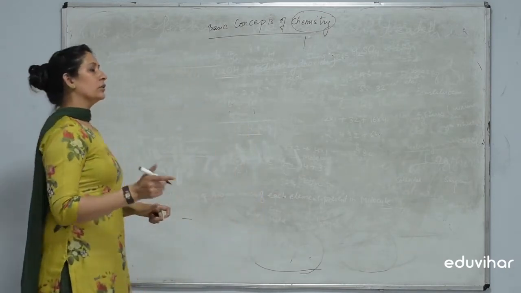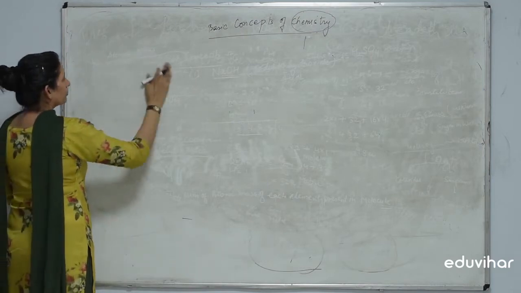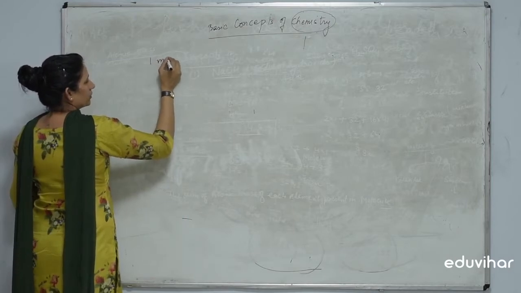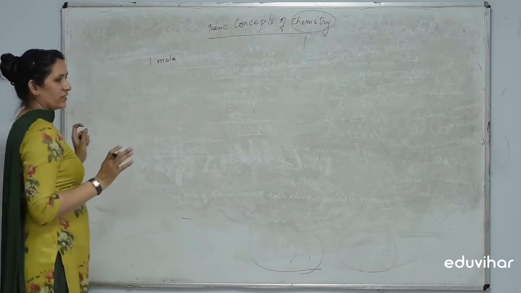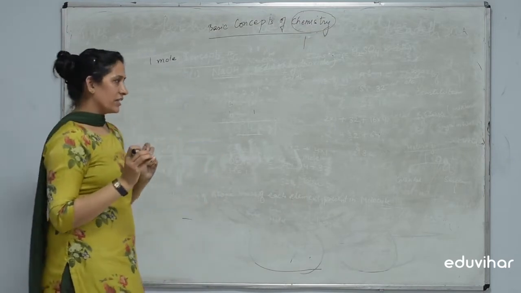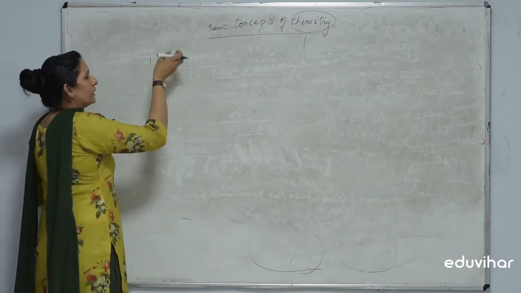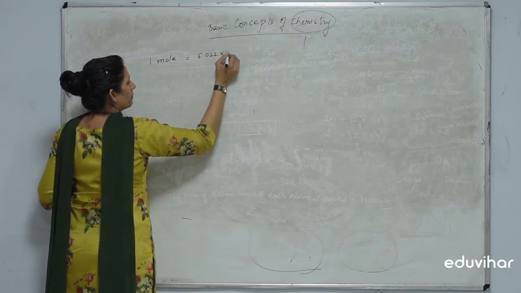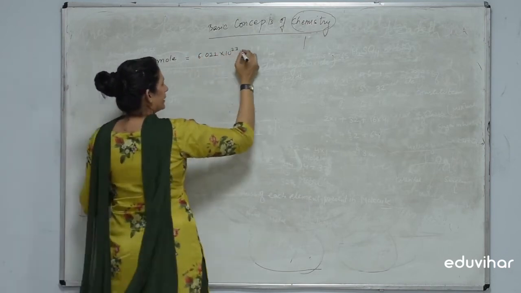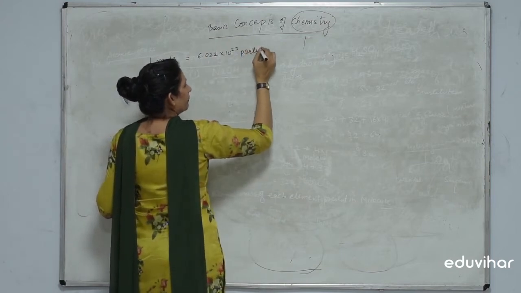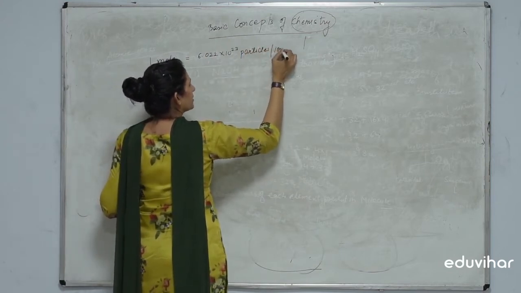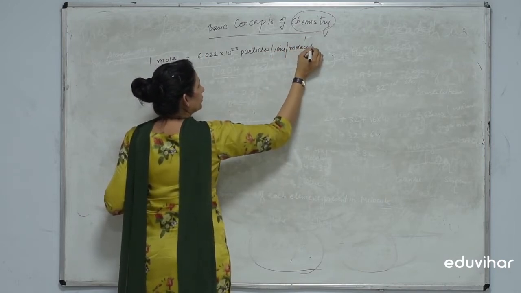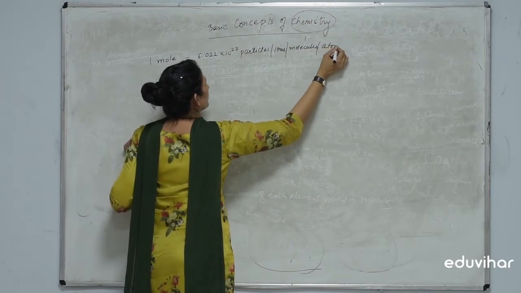To calculate the number of moles, we first have to know about 1 mole. There is a scientist having the name Avogadro. He gave us a specific value: 1 mole contains 6.022 into 10 to the power 23 particles, ions, molecules or atoms.